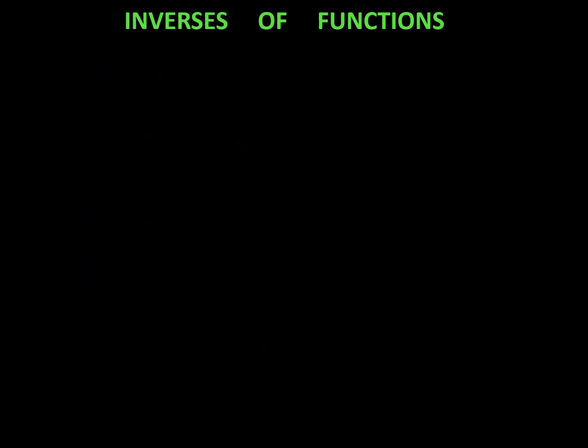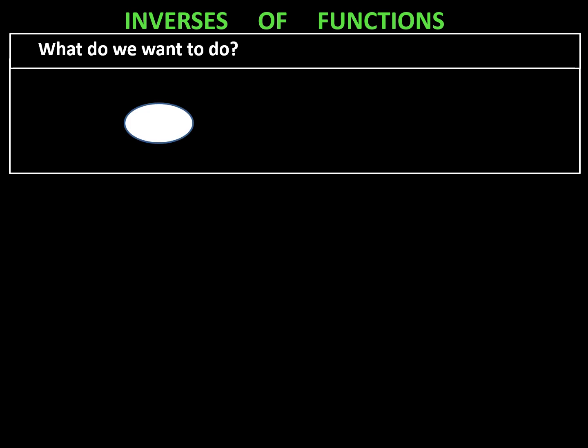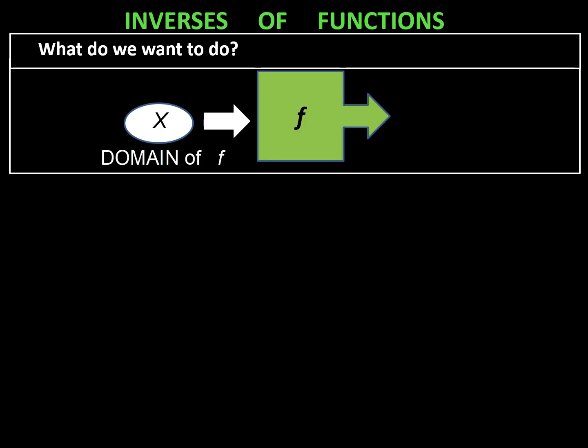Let's see what we mean by inverses of functions. There we have input value x, then we have the rule f, and then we have the output f(x). Now the input values are referred to as the domain of the function, and the output values are referred to as the range of the function.